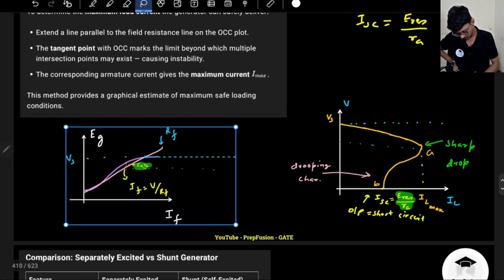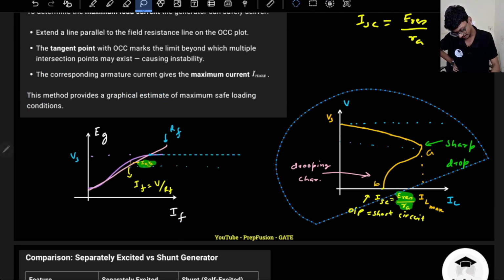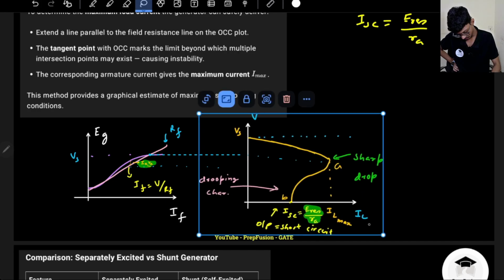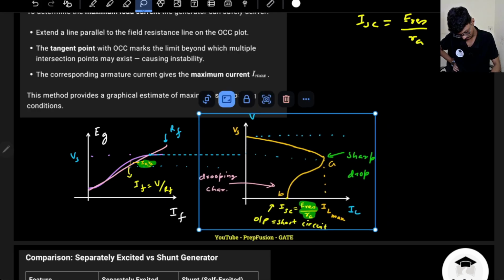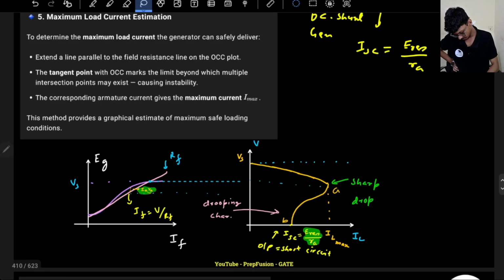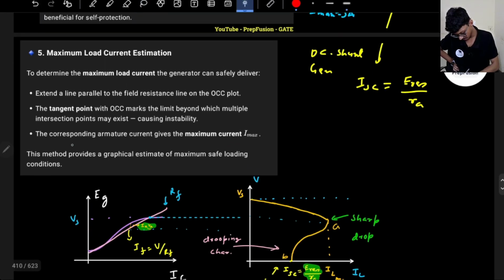So graphically, this is how you can identify your safe operating regions. That is what they're telling you. The armature current corresponding to this gives the maximum current.